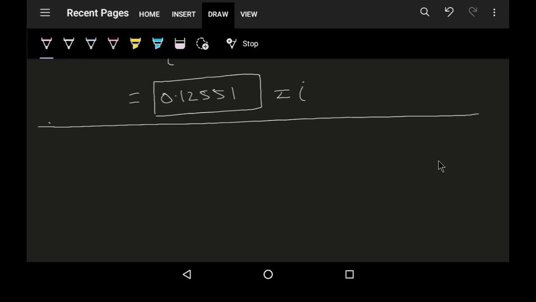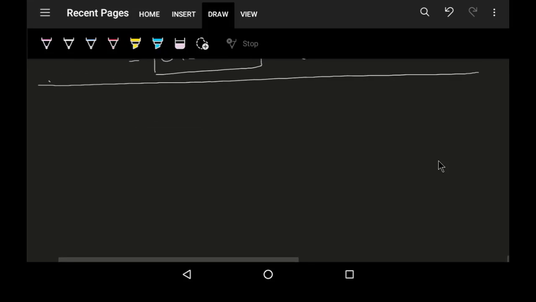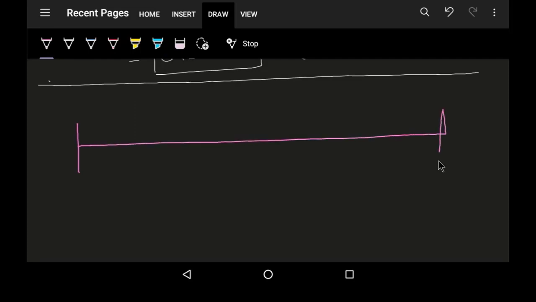Similarly, in this setting, we can also look at discount rates just like this. In discount rates, the first payment will be made here, second will be made here, third will be made here, and fourth will be made here.